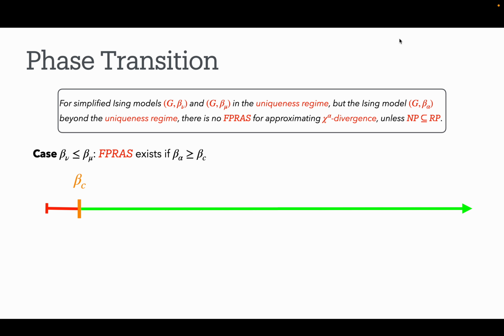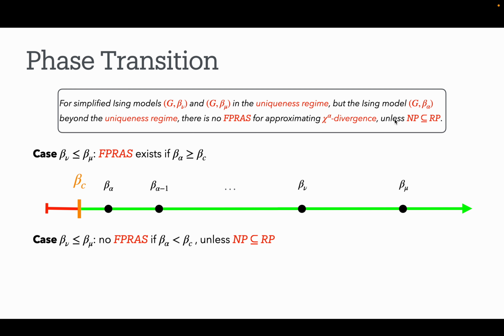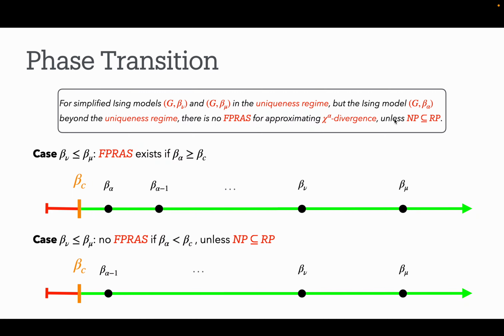So we remark that, as in the previous work, the FPTAS exists if beta_alpha is greater than or equal to the threshold beta_c, and otherwise if beta_alpha is less than beta_c, there is no FPTAS unless NP is in RP.